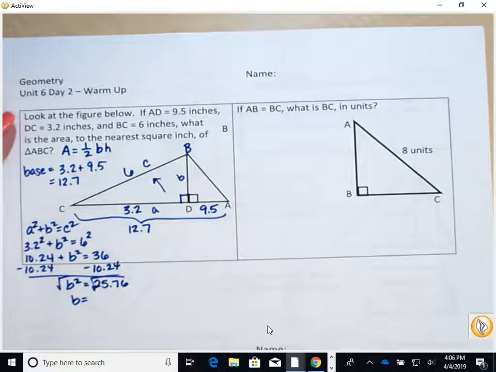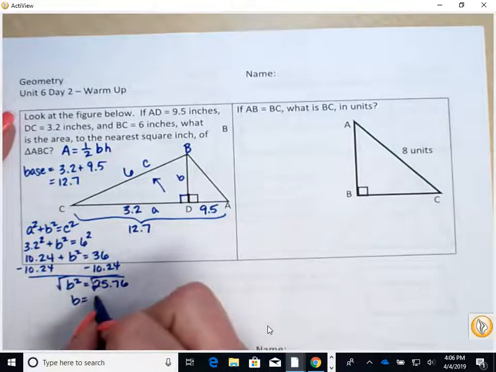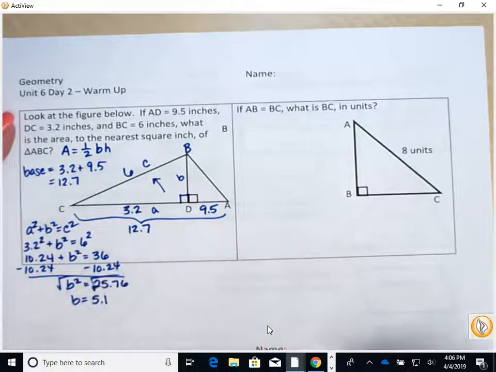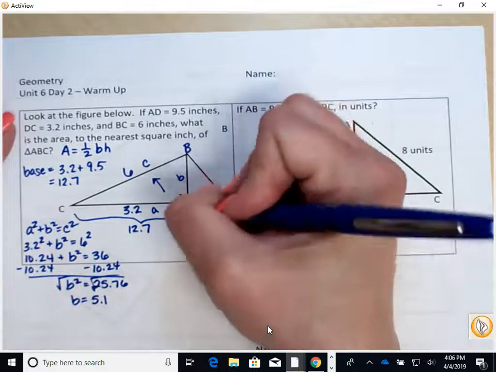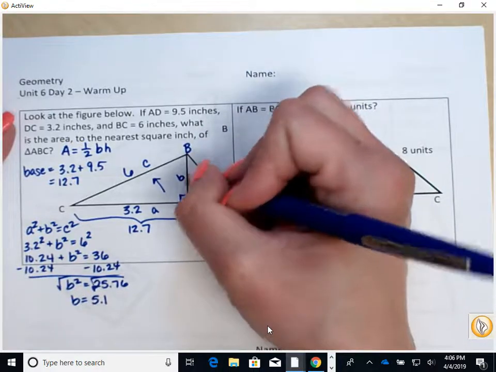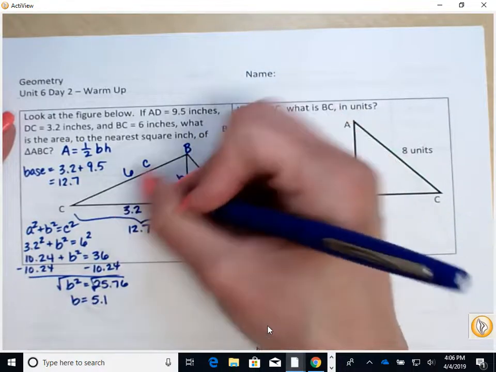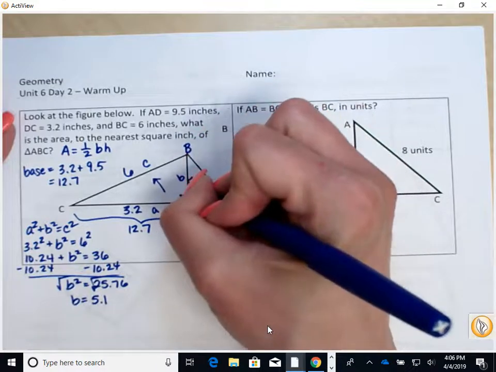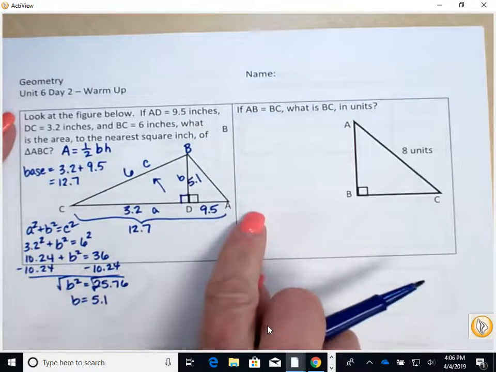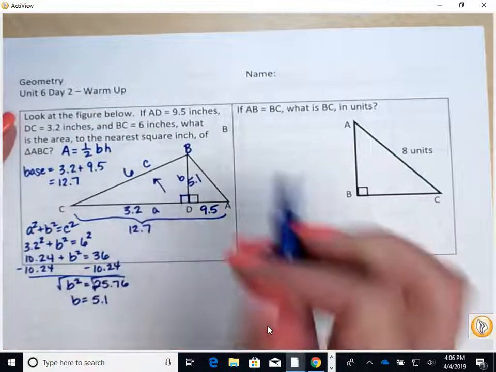And we get 5.07. We'll round that to 5.1. All right, so this height of the triangle, which is the leg of this right triangle that we just found, is 5.1. So now we've got our base, we've got our height, we can find the area.